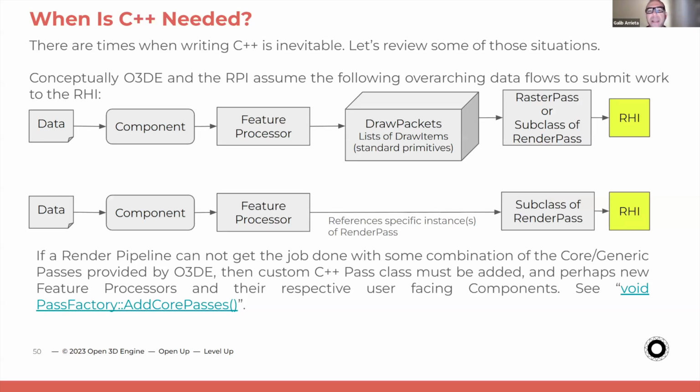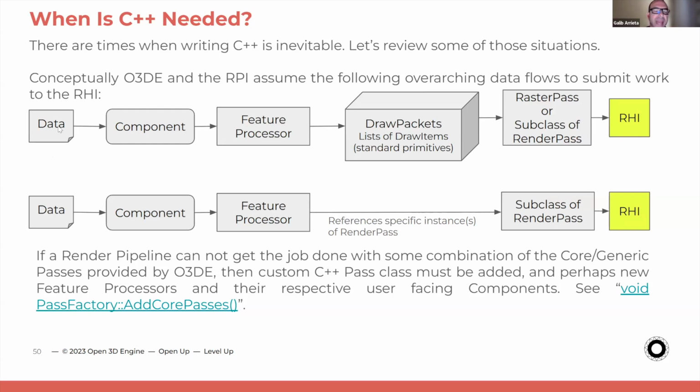Typically, the philosophy of the render pipeline is that you have some data. That data eventually is exposed to the user through a C++ component. That C++ component feeds data into a feature processor, typically the mesh feature processor.